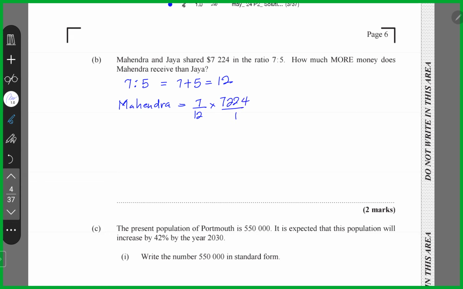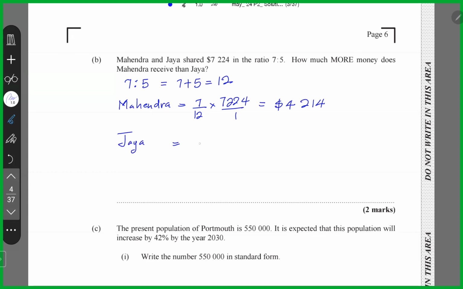So let's simply multiply 7/12 by 7,224. And Mahendra got $4,214.